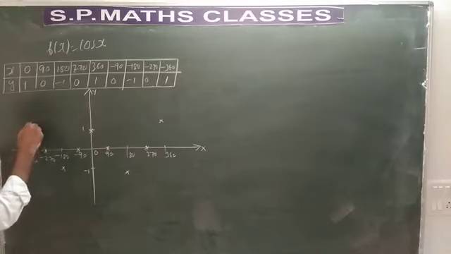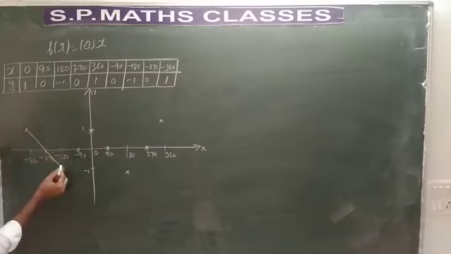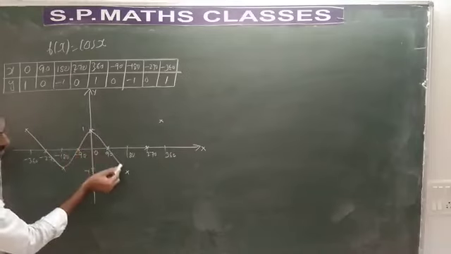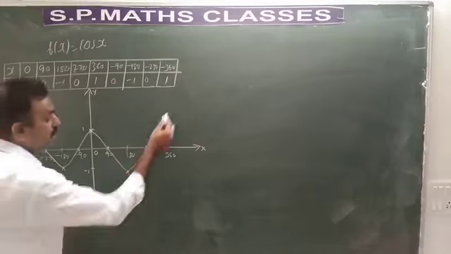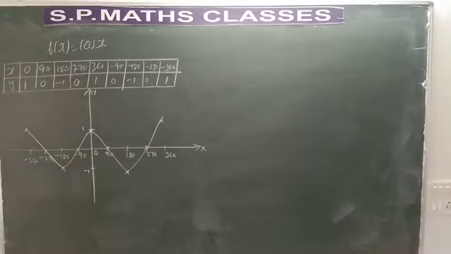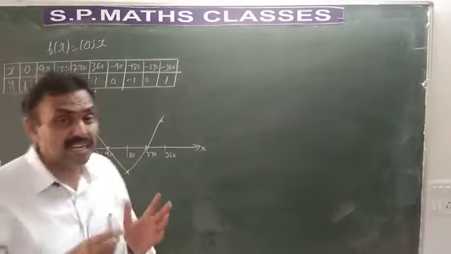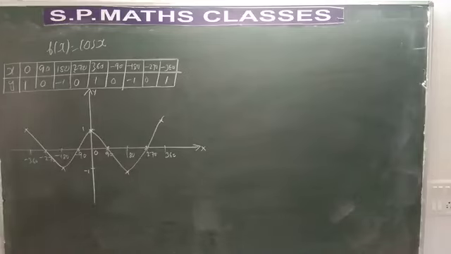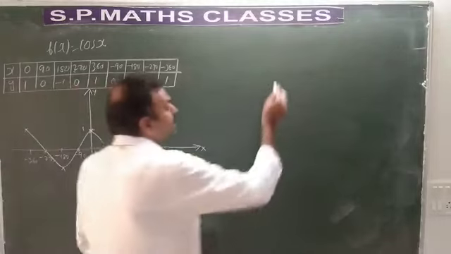How will the graph of the function be? Need to draw the graph. This is the graph of the function. As you can see, it is continuous between minus 360 and plus 360. There is no break in the graph of the function, hence it is said to be continuous.